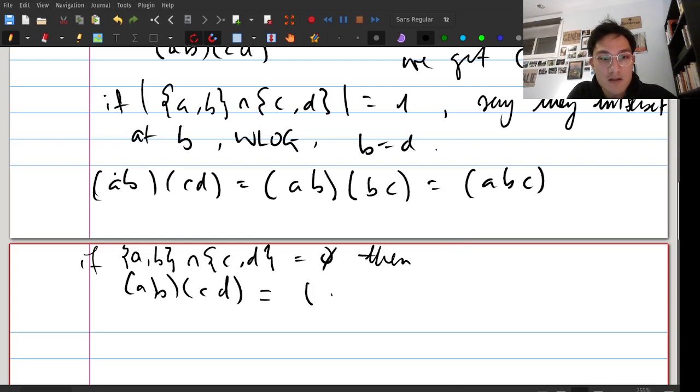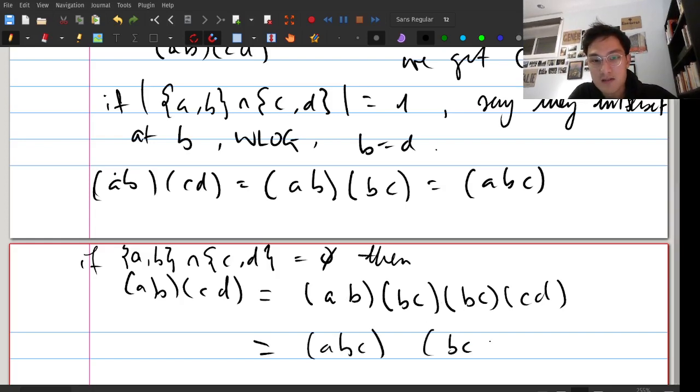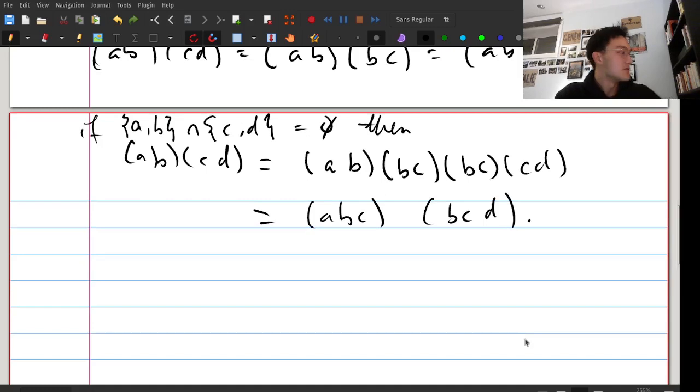And the way we do it is there's (a b), there's something in between here. I think it's, we put (b c) twice. We can do that because (b c) twice is just 1. This makes it work. So (a b)(b c), that's (a b c). And (b c)(c d) is (b c d). Yes, that's a product of 2 3 cycles.